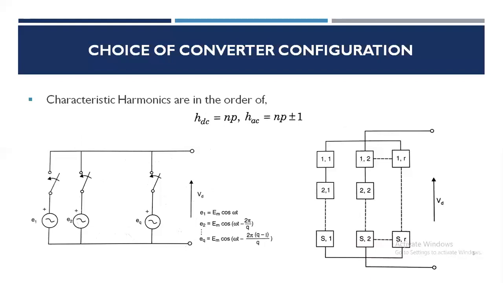S is the number of valve groups in series and small r is the number of valve groups in parallel. So the pulse number is P equal to Q into R into S.